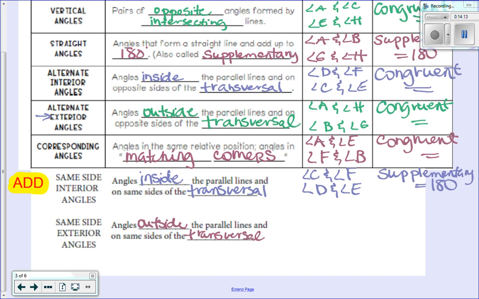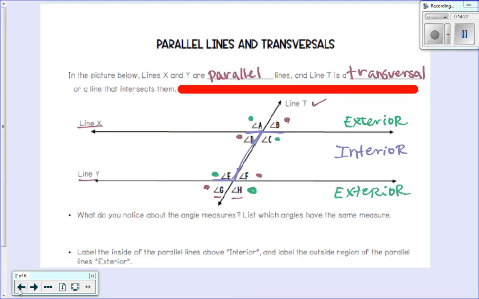So let's identify those and identify the relationship, because that's going to help us set up our equation. So same side exterior. So let's start with angle B. What's the other angle that's same side exterior? Good. Angle H.